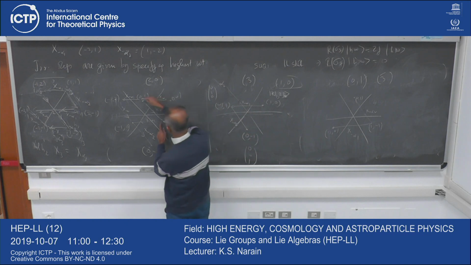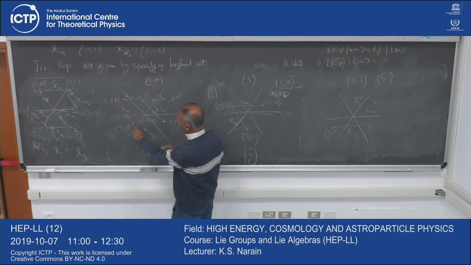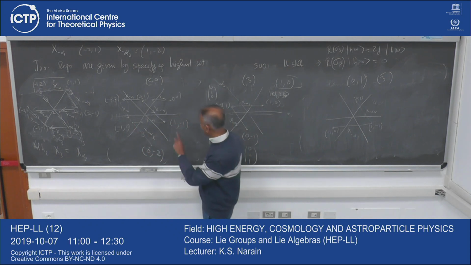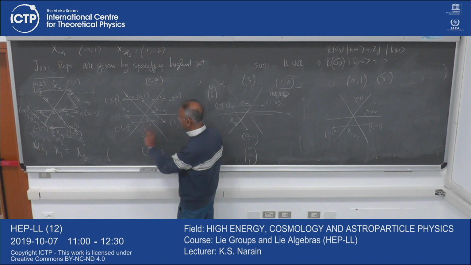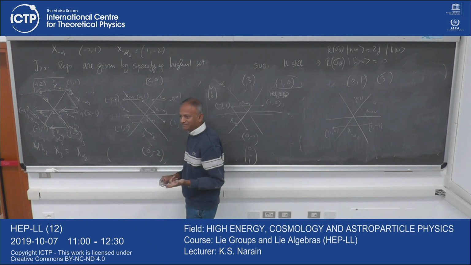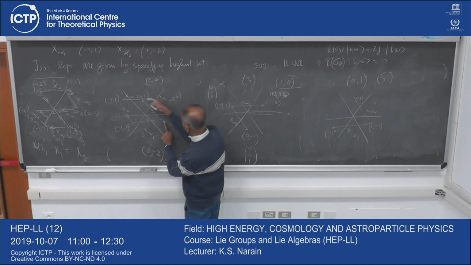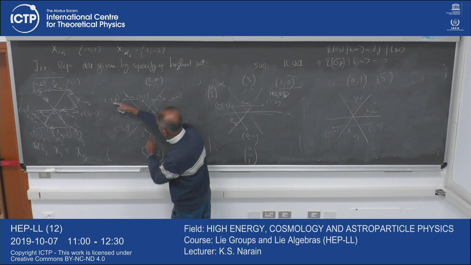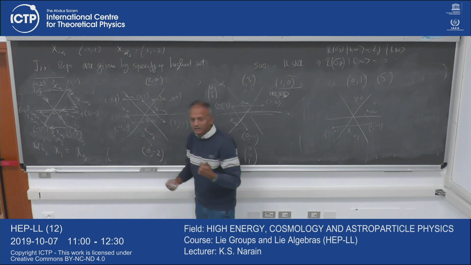Now, there are two ways of getting here. One way this, one way that. But these two cannot be linearly independent. Because remember, the multiplicity of this state and that state must be equal. This one, there is only one way to get here. Right? So there is only one state here. So even though it looks like there are two states, actually there is only one state.